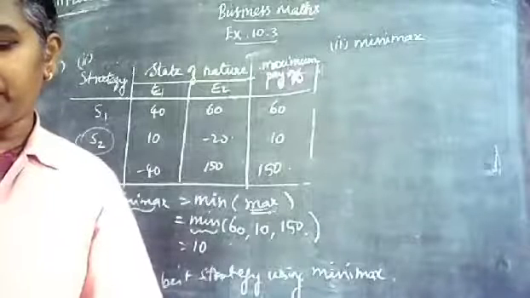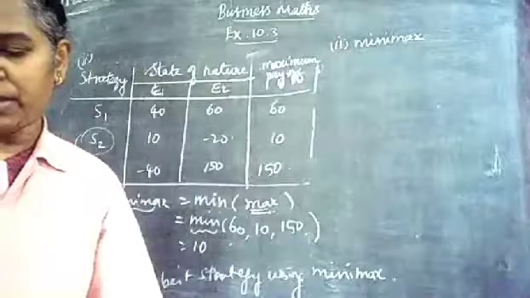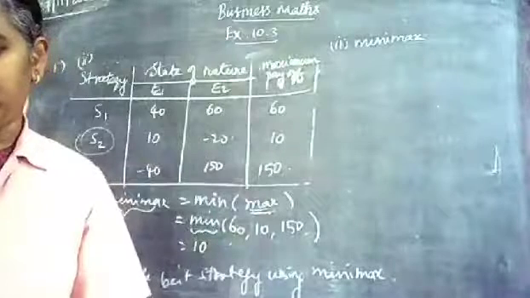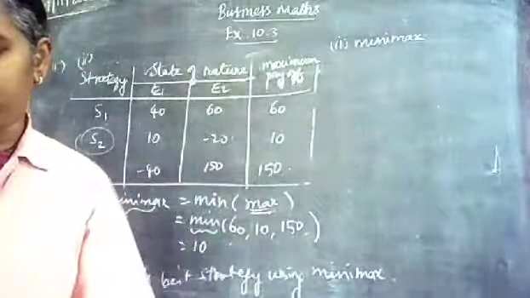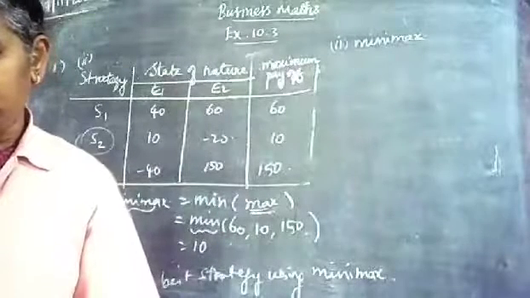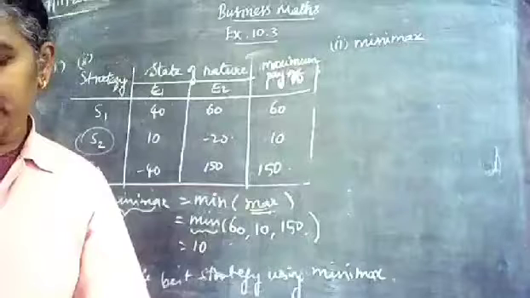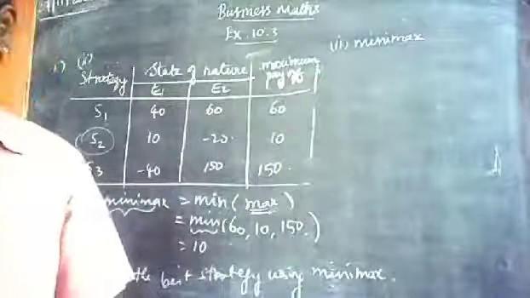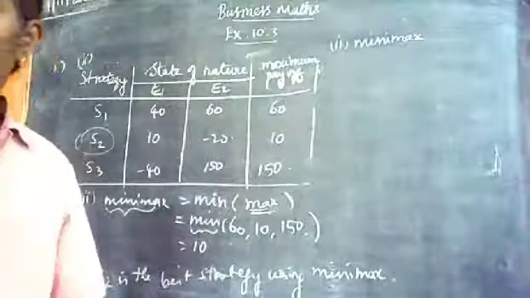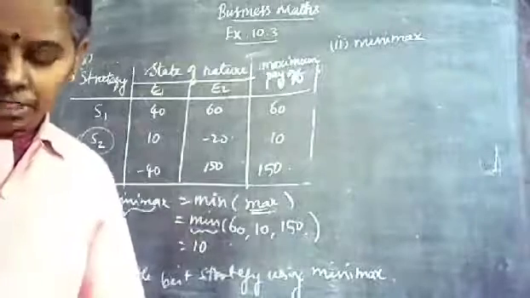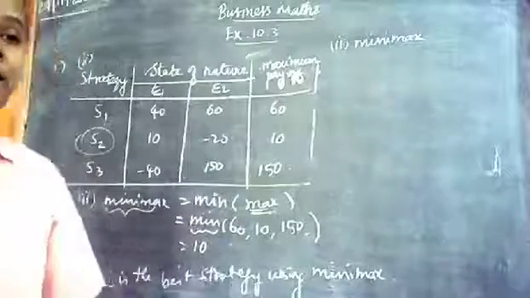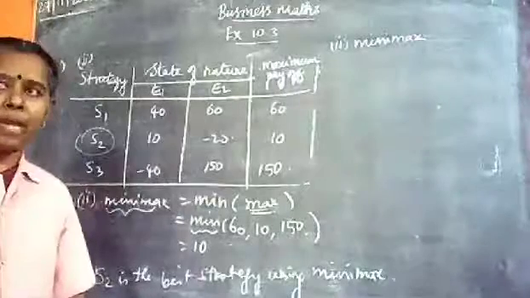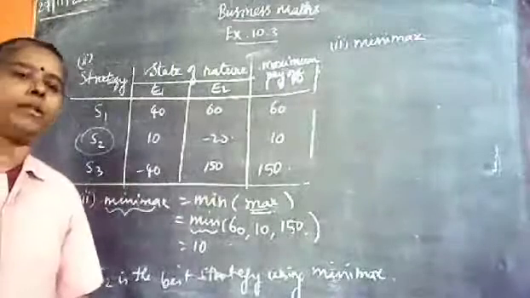The profit from each crop is also given. His estimated profit for each is shown in the table. If the farmer wishes to plant only one crop, decide which should be his best crop using maximin and minimax. So which crop he should plant so that he will get the best profit is the question to you. Maximin category and minimax category.